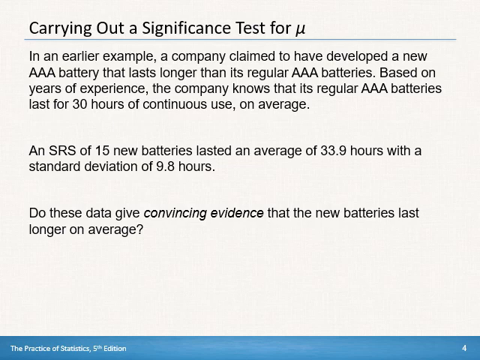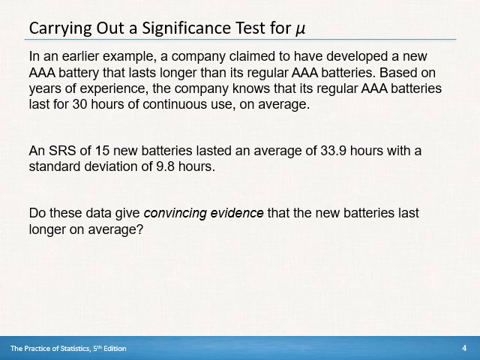A simple random sample of 15 new batteries lasted an average of 33.9 hours with a standard deviation of 9.8. So that 33.9 hours and that 9.8 hours are from the sample. Those are statistics, right? That's the sample mean and the sample standard deviation from our sample of size 15.